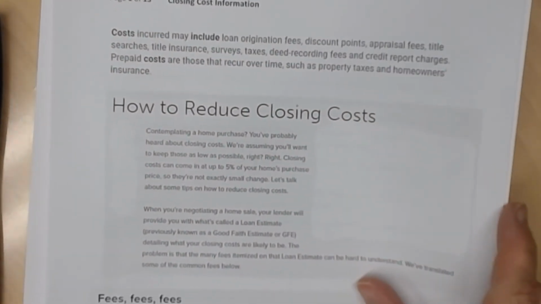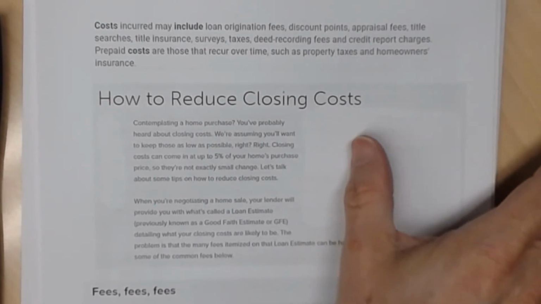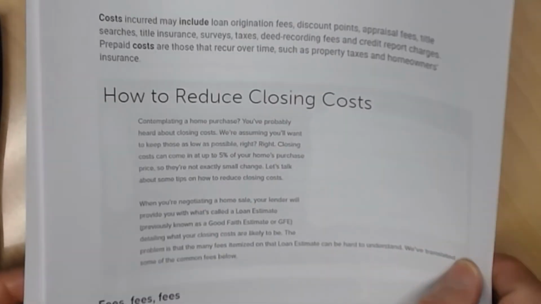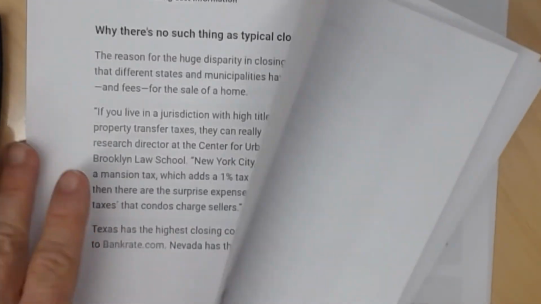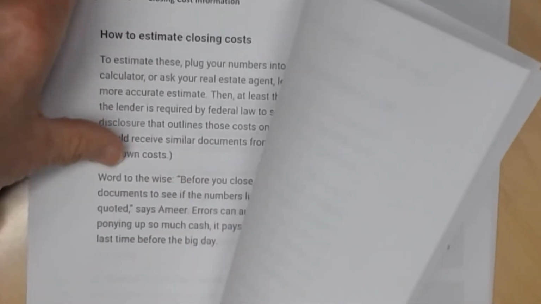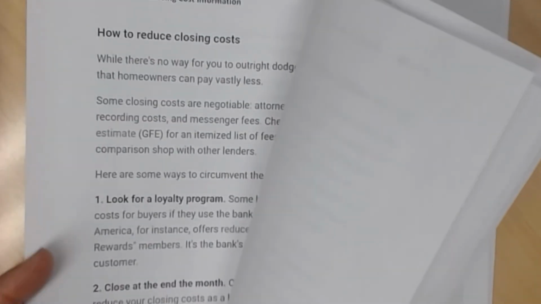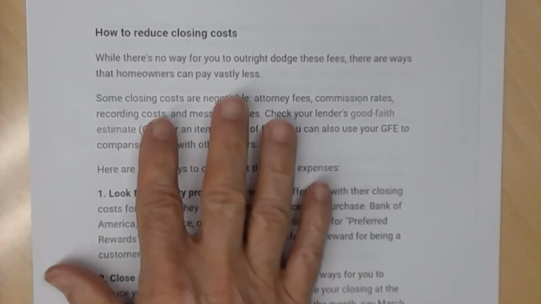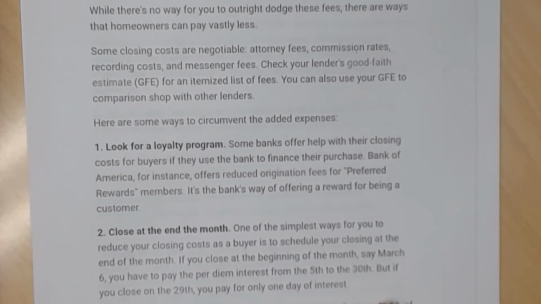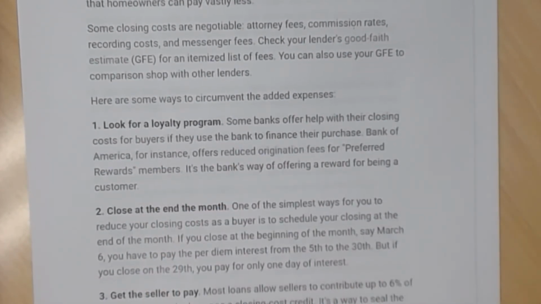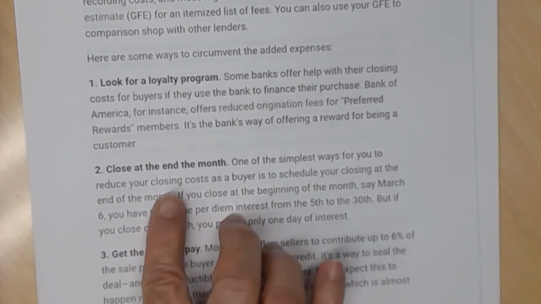Now, also in here, there's some information about how you can reduce the closing costs. There's a section called how to reduce closing costs. You could look for a loyalty program with your bank. You could close at the end of the month.